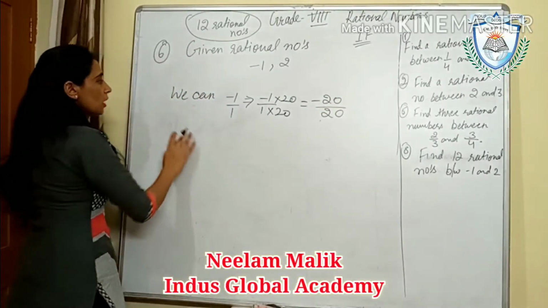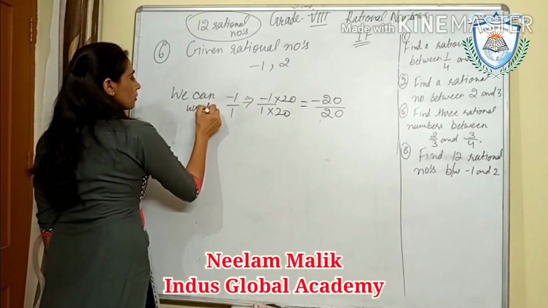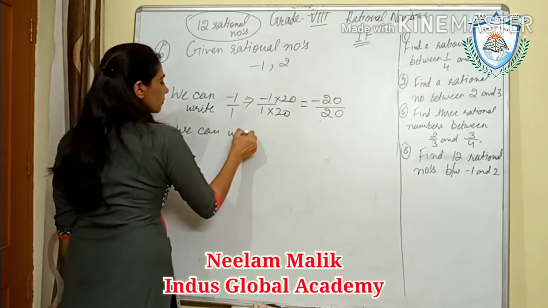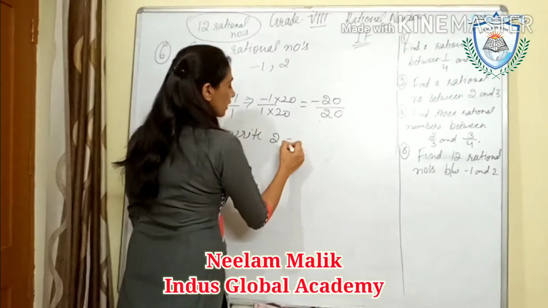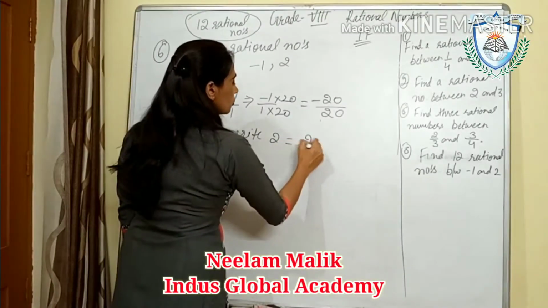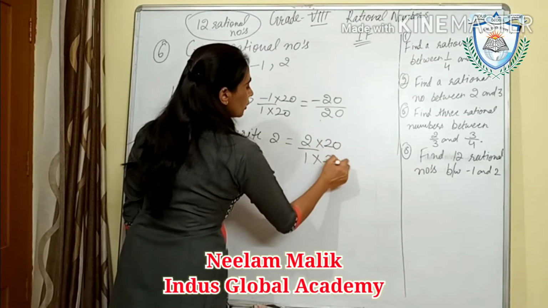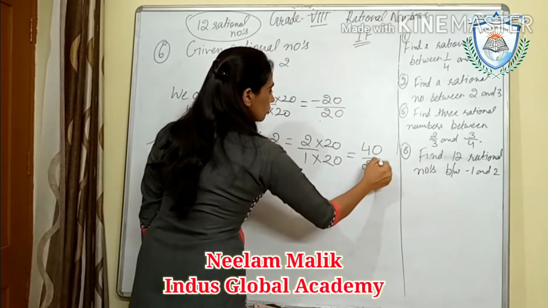Now we can write 2. How can we write 2? 2 upon 1 multiplied with 20, so it will be 40 upon 20.